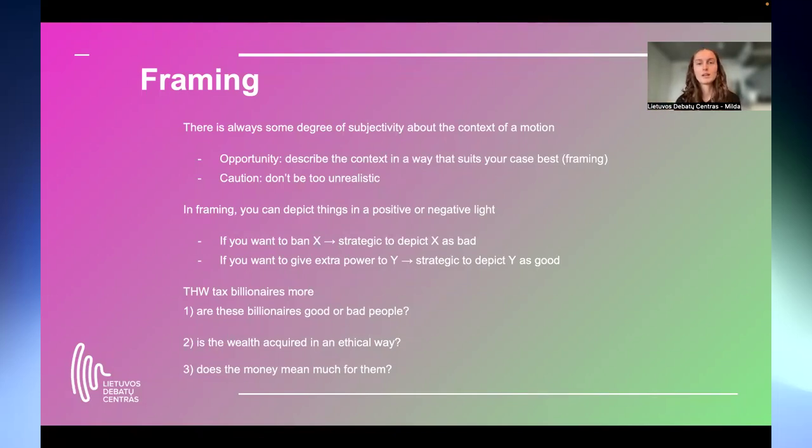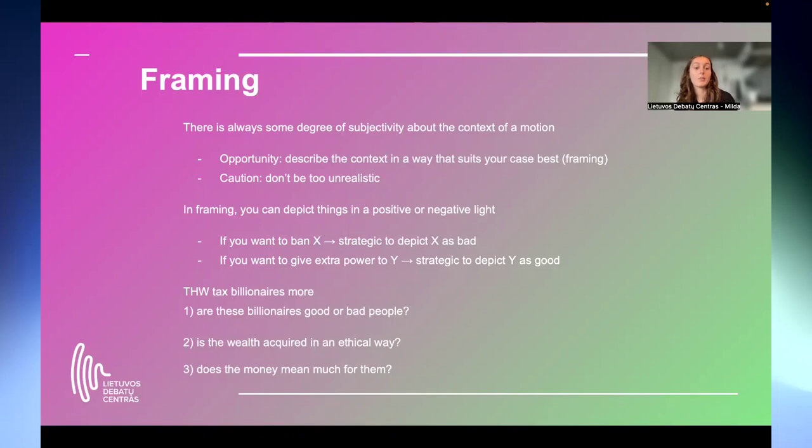Some examples of this could be if we want to ban something like tobacco, we would depict that as a very bad thing and how it leads to horrible consequences and so on. If we want to say that something is good or give extra power to it, we would depict it as good and say how it has helped people and so on.